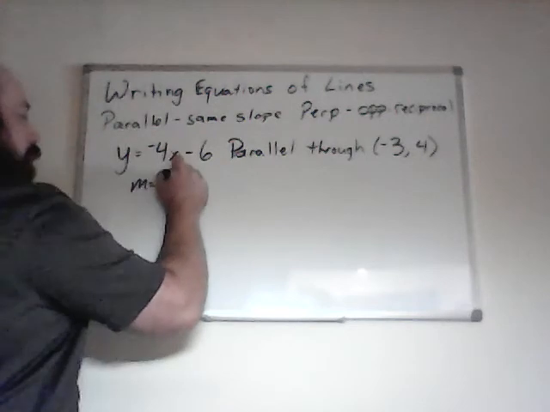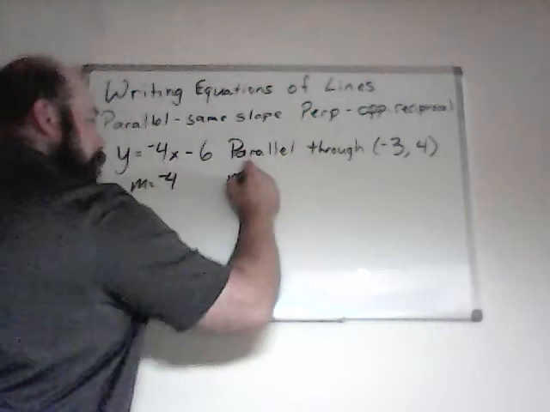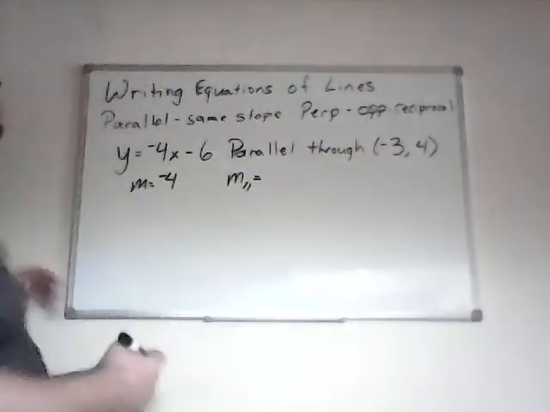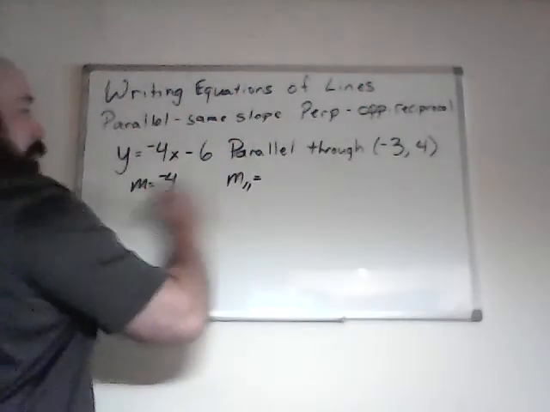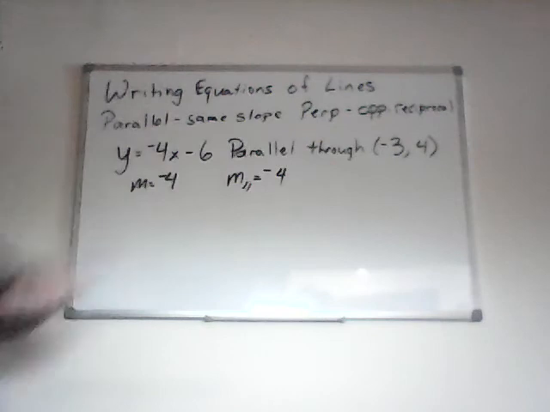Okay, so we find the slope of the given line, and the slope of the given line is going to be negative 4. So the slope of the parallel line, that's just the symbol for parallel, and the previous was the symbol for perpendicular, is going to be the same, negative 4. So I have my point of negative 3, 4.